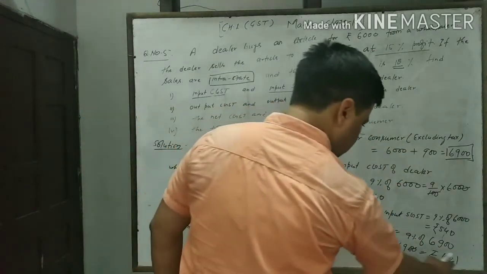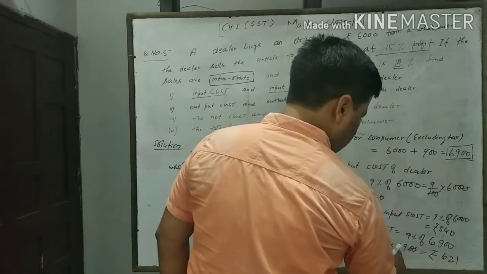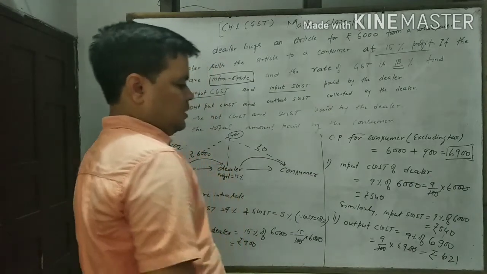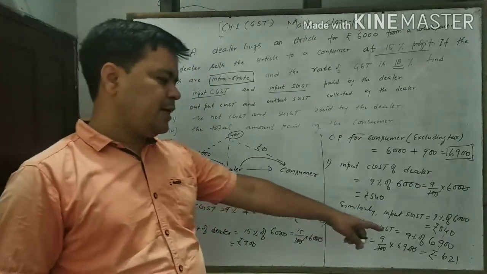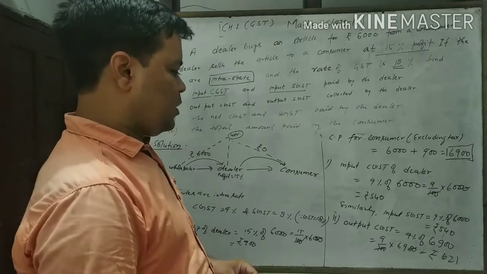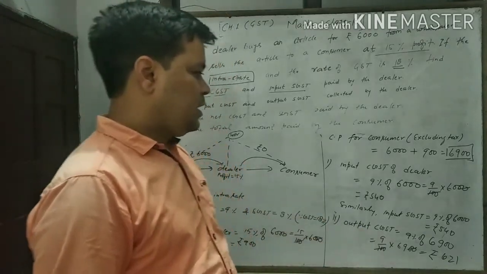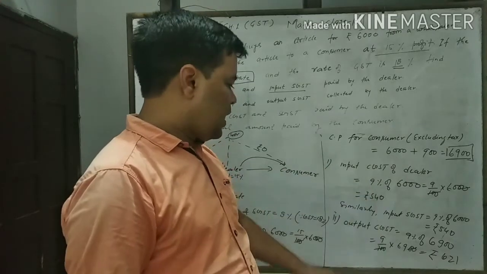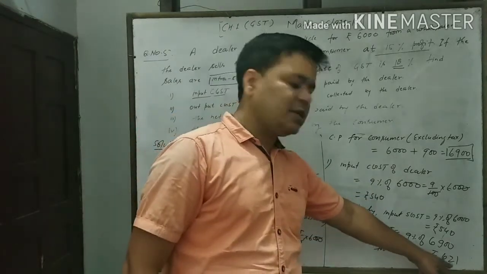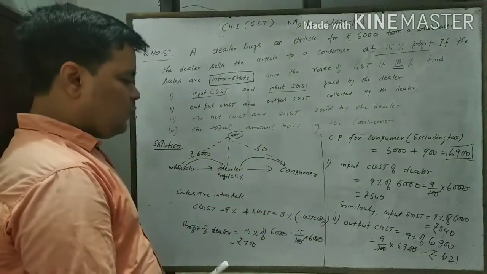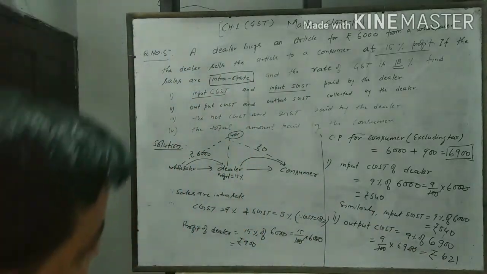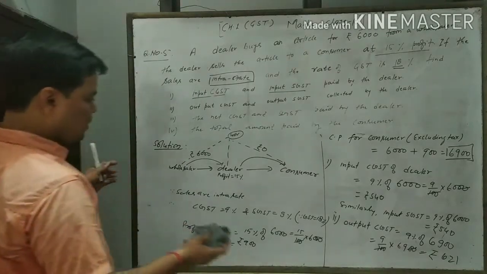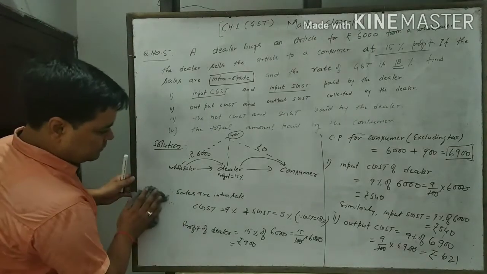Clear? That will be 621. This is the amount of output CGST. Here input CGST is how much? 540 and output CGST is 621. Similarly, we can find output SGST also. So let us see output SGST.